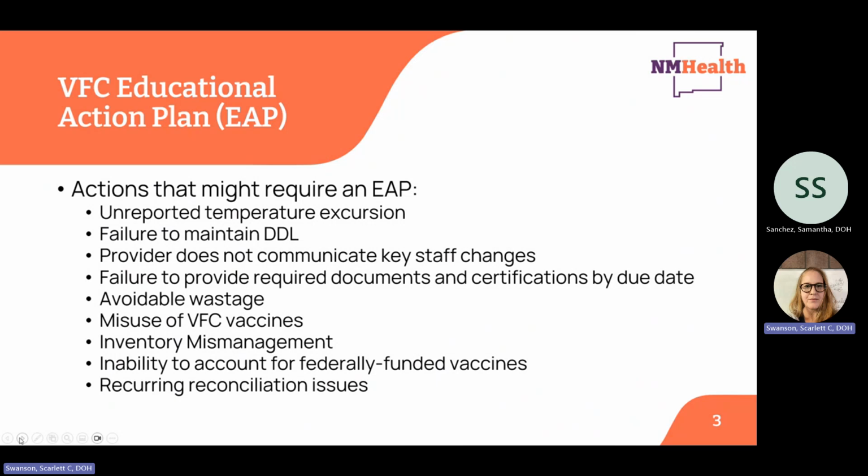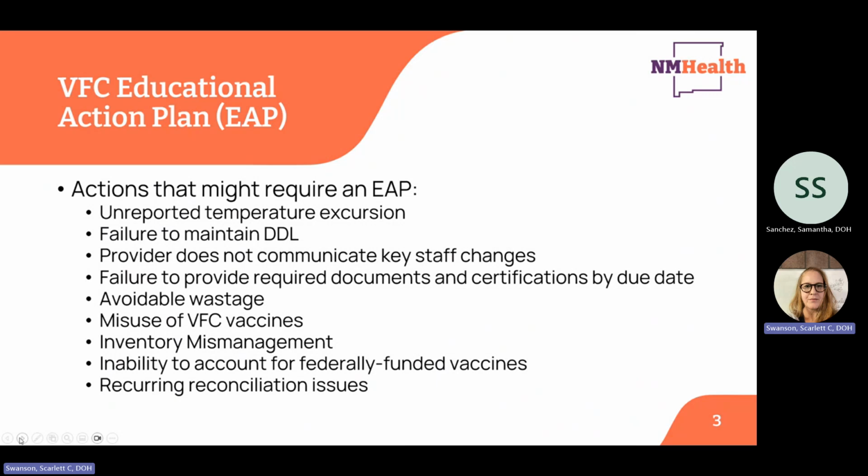And so you're going to be seeing 50 people at this outreach event. And so you decide that you're going to reconstitute all 50 doses at the beginning of the day, and you only have 25 people show up. So this would be a case of avoidable wastage, because those 25 doses were wasted right away.